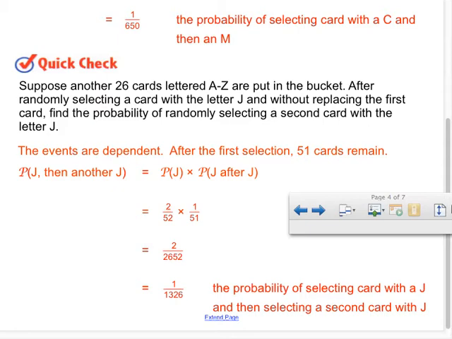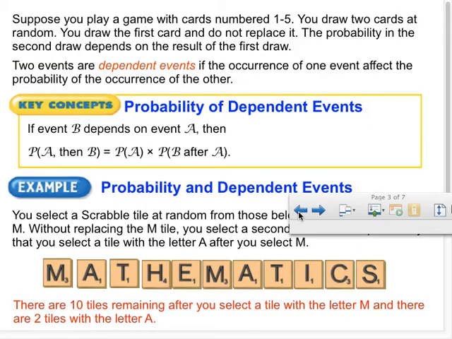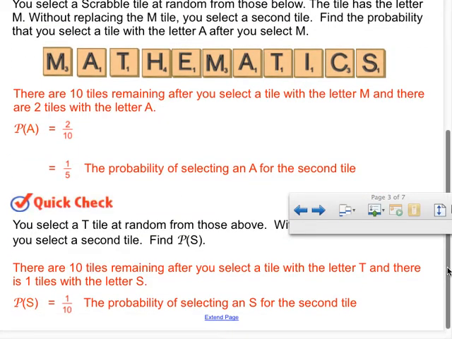So let's go back and calculate the compound events for the last slide over here. So here we just found out the probability of the dependent event, picking an A after we picked an M. What's the probability of picking M and then picking an A after M?